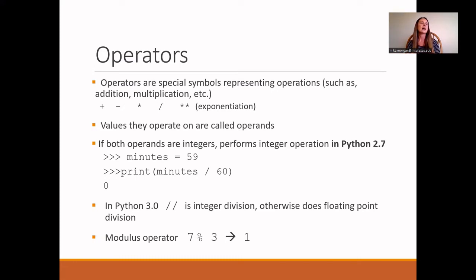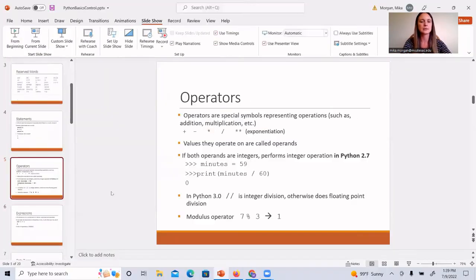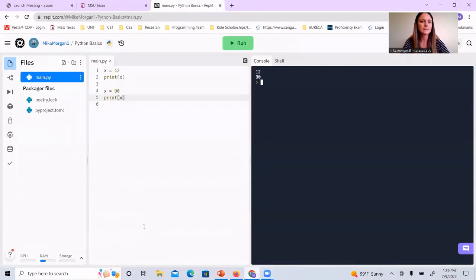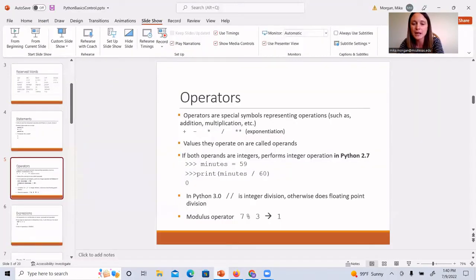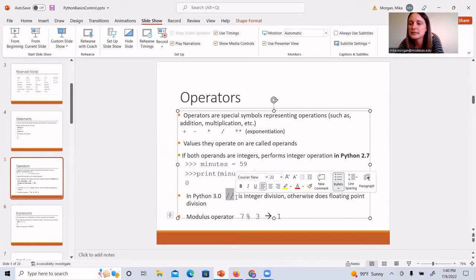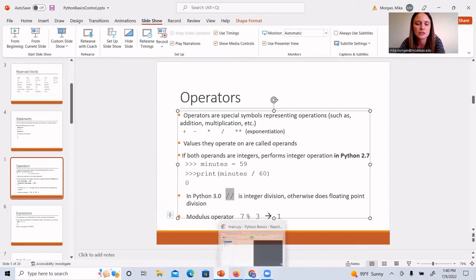So I'll show you an example of it instead of just talking about it. I'll come do it over here in the console. What is 3 divided by 4? 3 divided by 4 is 3/4. It's 0.75. But if I'm in Python and I want to do integer division, I can do the double division signs and it will do integer division instead.